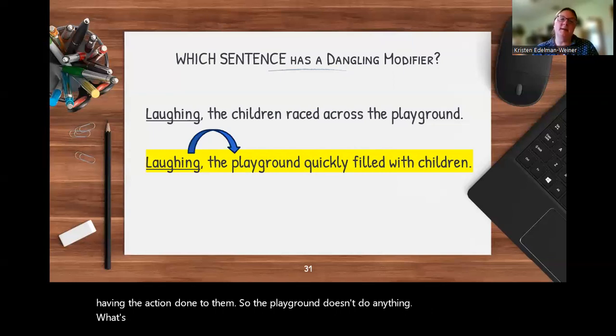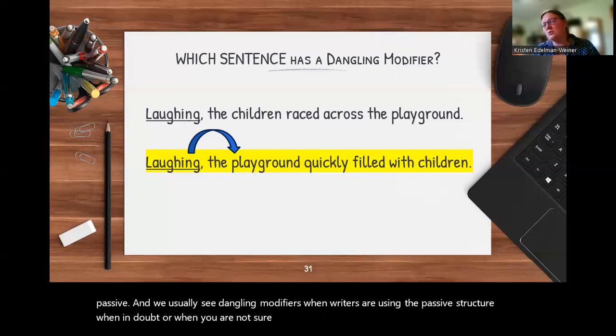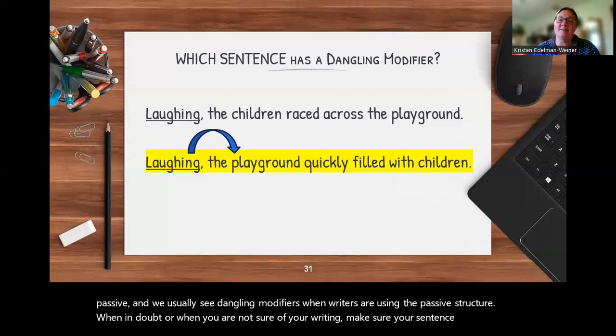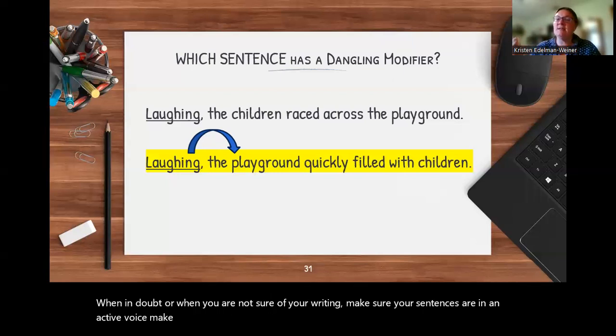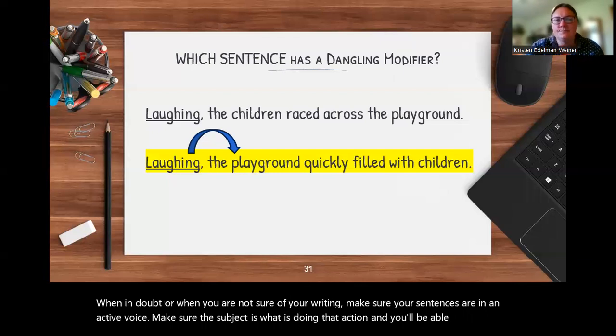What's happening to it is that it's quickly being filled with children. So that's what makes it passive. And we usually see dangling modifiers when writers are using the passive structure. When in doubt, or when you are not sure of your writing, make sure your sentences are in an active voice. Make sure the subject is what is doing that action, and you'll be a lot safer.